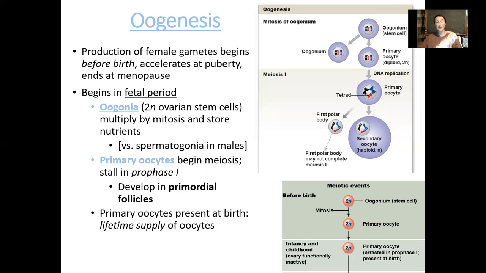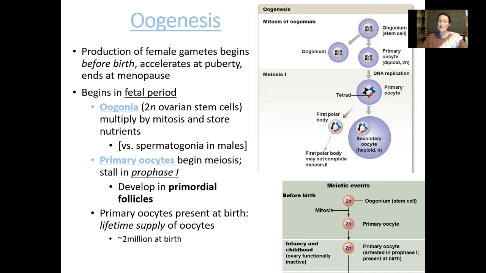When a girl is born, she has a lifetime supply of her oocytes. No more are going to be made over the course of her life. What you're born with is all you ever get. Generally, girls are born with about 2 million of these eggs, or primary oocytes surrounded by primordial follicles.